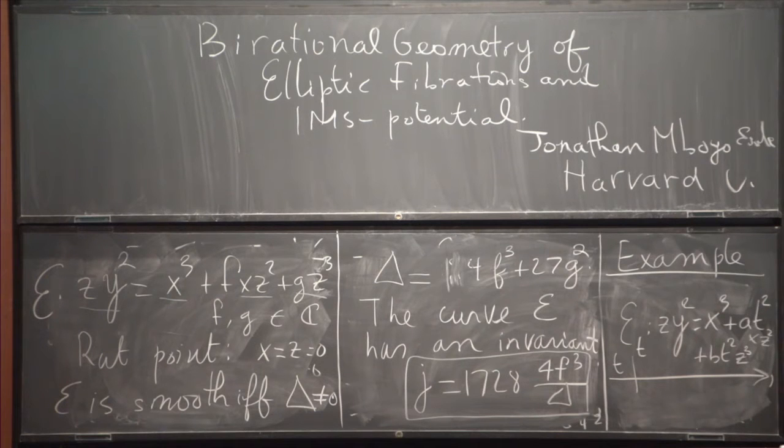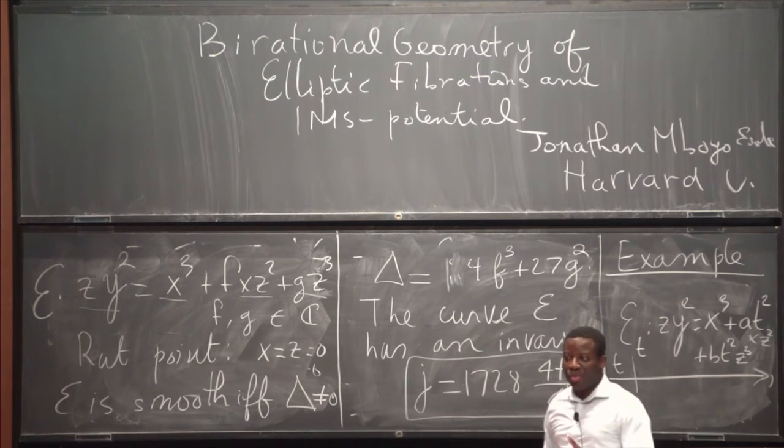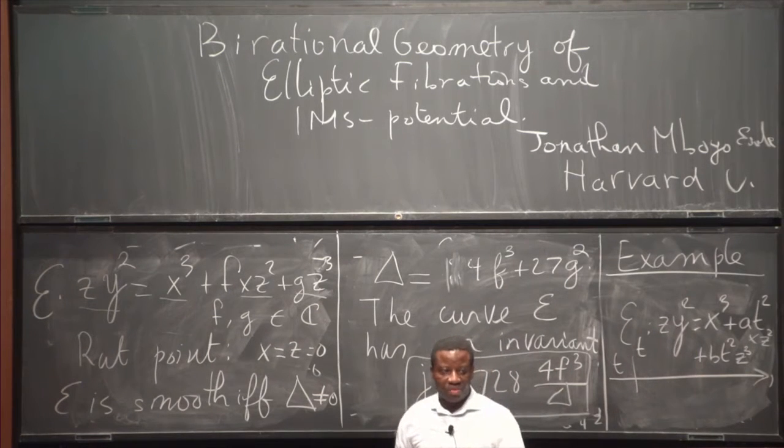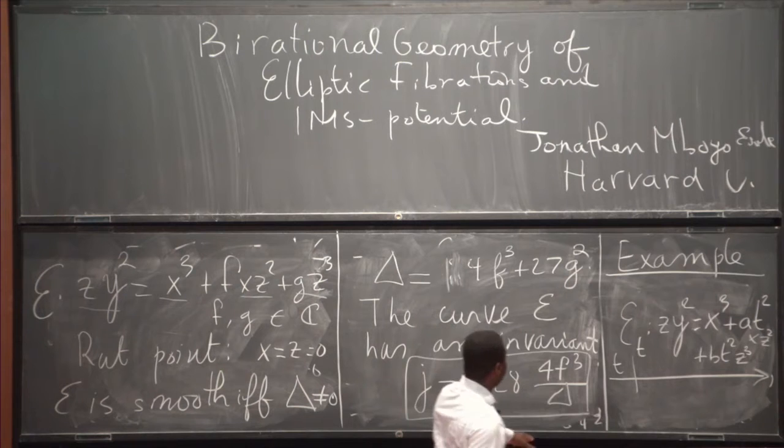Now it's pretty easy to show that the curve I wrote actually has a singularity when t is 0. To find the singularity, you look at the locus where all the partial derivatives are 0. And this happens exactly at x, y, t equals 0. So this is a very easy theorem.